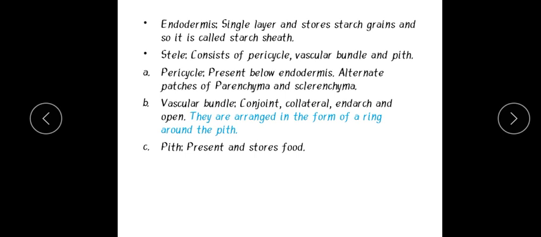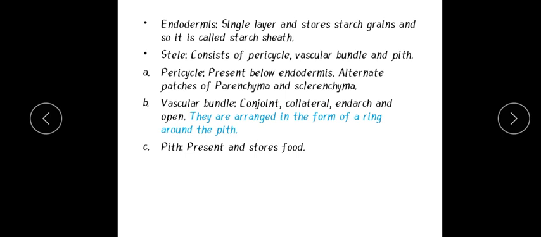Here the stele comprises three regions, namely the pericycle, vascular bundle and the pith. Okay. Pericycle is going to be a single layer present below the endodermis, and it has alternate patches of parenchyma and sclerenchyma. Okay. Below this you have got the vascular bundle, which has both xylem and phloem.